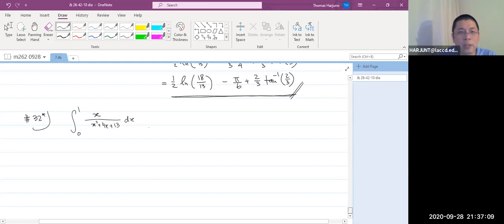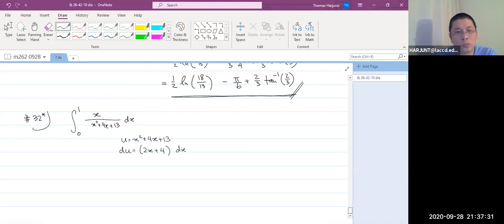Take a look, for example, if I have u equals x squared plus 4x plus 13, what is my du? That's 2x plus 4 dx, right? Let me factor the 2.